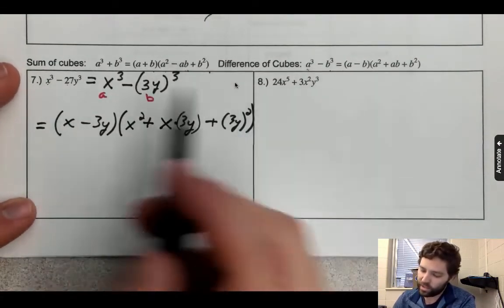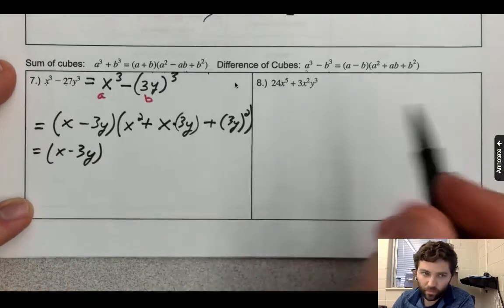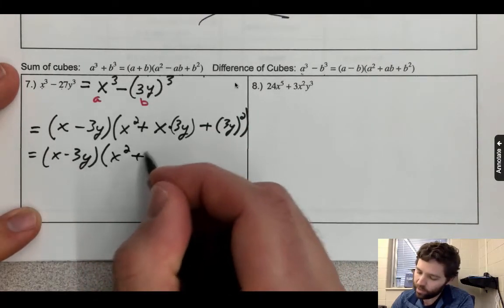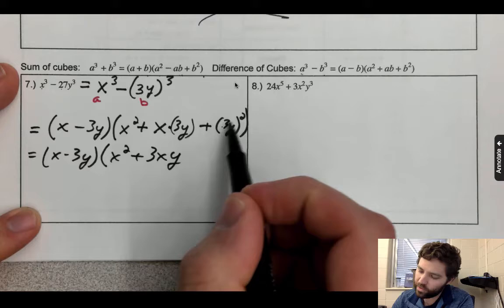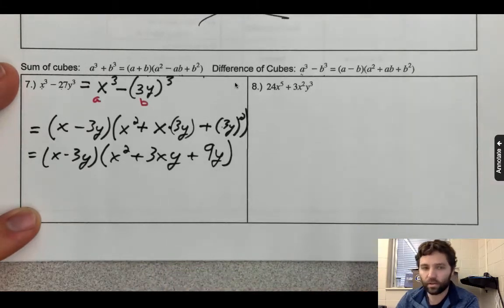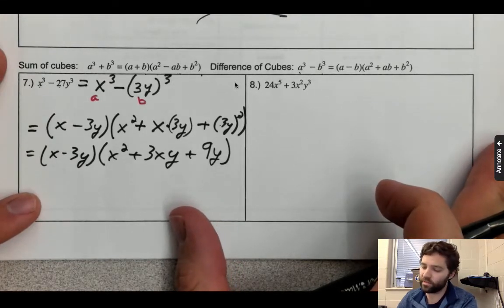All right, now we just need to clean this up a little bit and we'll be done. So this is x minus 3y, and then we'll have x squared. I would probably write this as 3xy, and then 3 squared is 9, so that'd be plus 9y squared. And there we have it for that example where we have the difference of cubes.